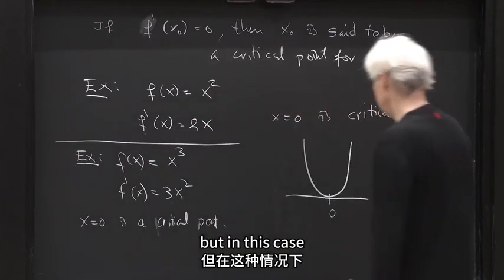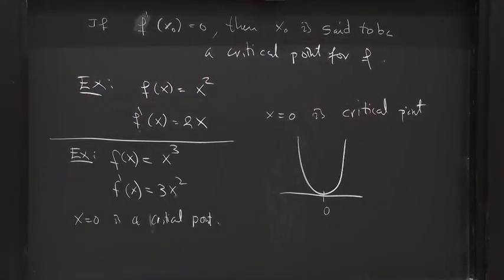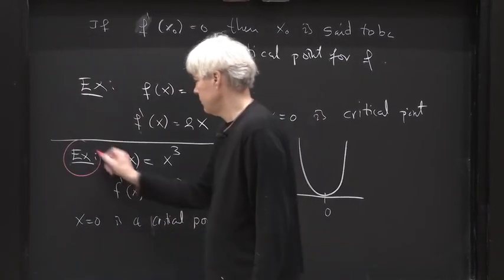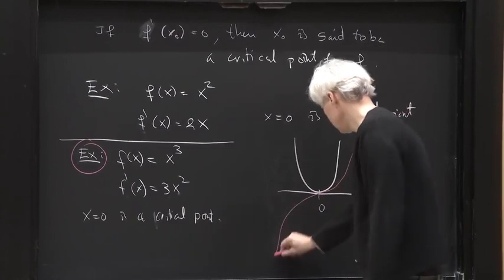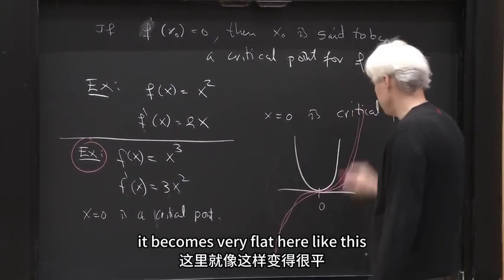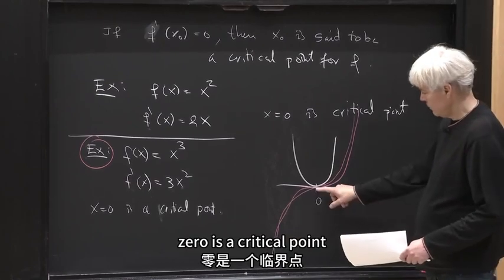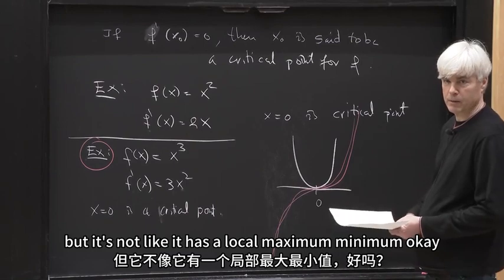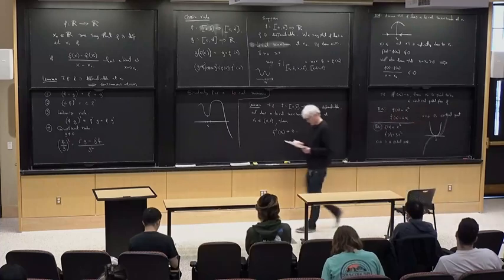But in this case, the graph of the function for this example looks like something like this. It becomes very flat here. Okay, and so you see that 0 is a critical point, but it's not like it has a local maximum or minimum.